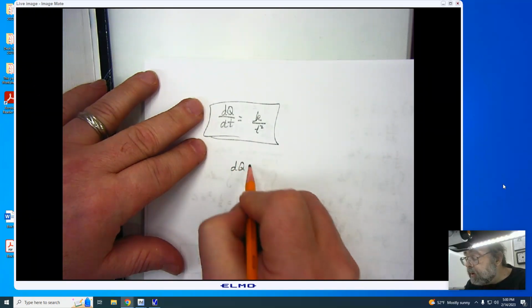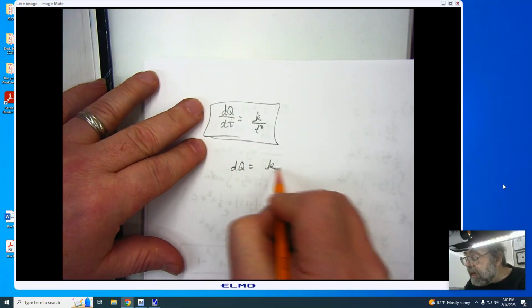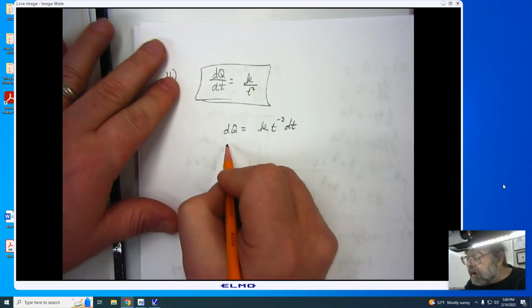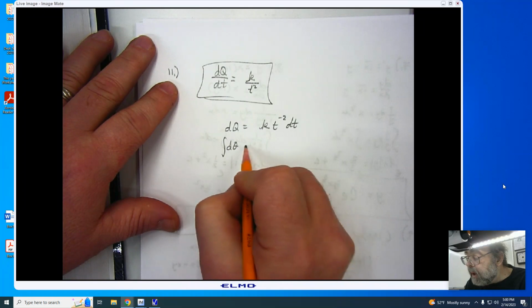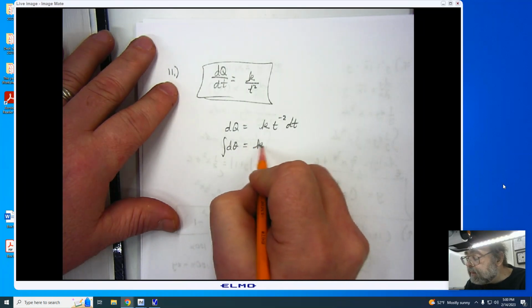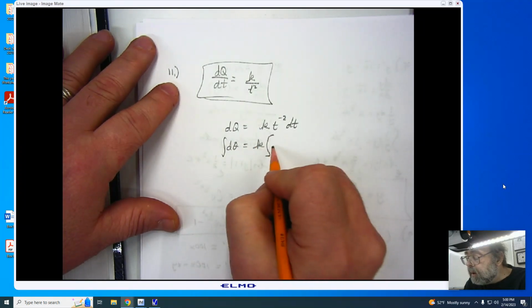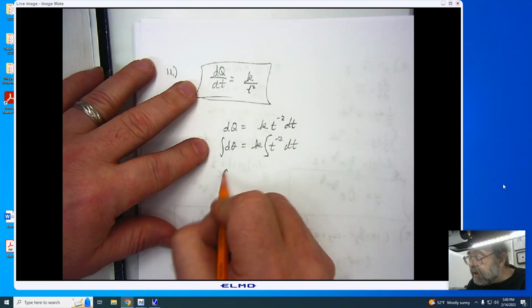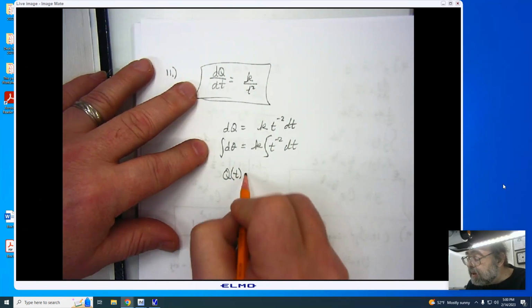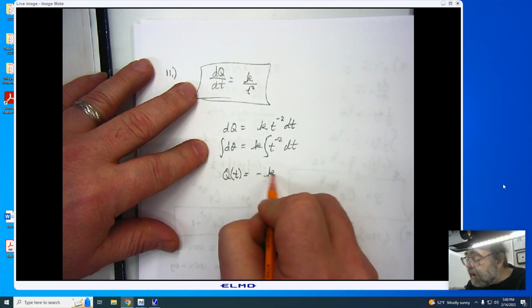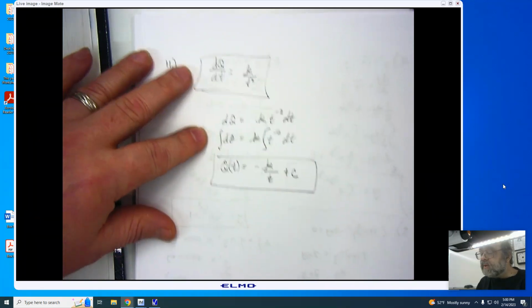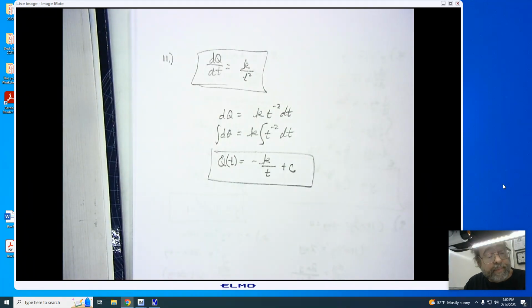So dq equals k t to the minus second power dt, integrating dq, and then integrating t to the minus second dt. Adding 1, I get q in terms of t is negative k over t plus c. And that's what they're asking us to find.